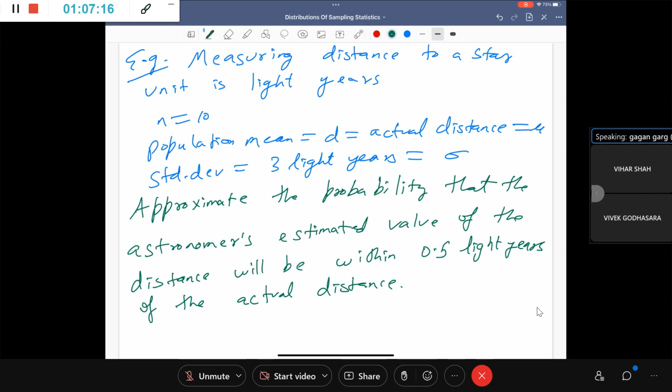How will you write it? Yeah, what will be the first step?